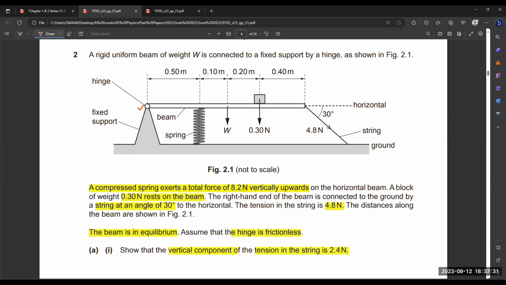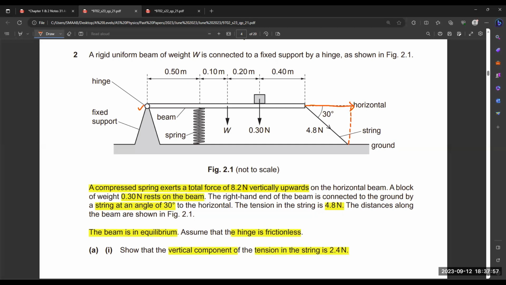Last time we also solved some type of question like this, right? The vertical component only. So basically, if we consider the string, this is the horizontal component, right?